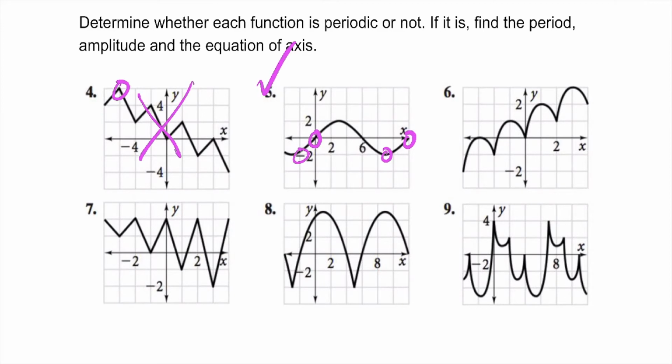In this case, the scale on the x-axis is every 2. Every line is 2, so that's 6, 8, 10, 12. So here we can see the period is 12.